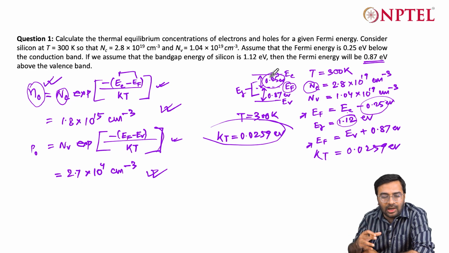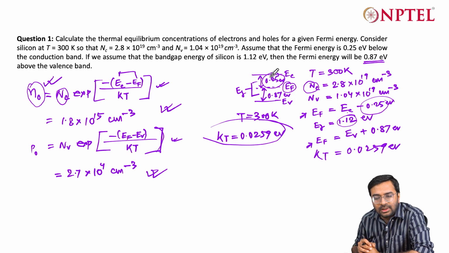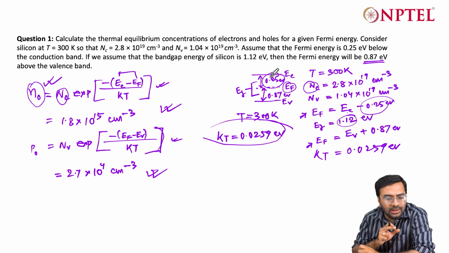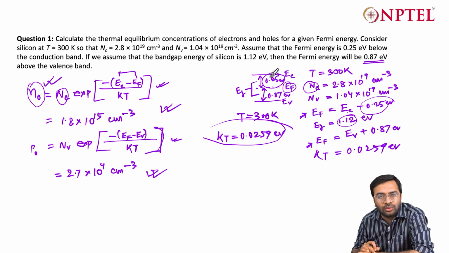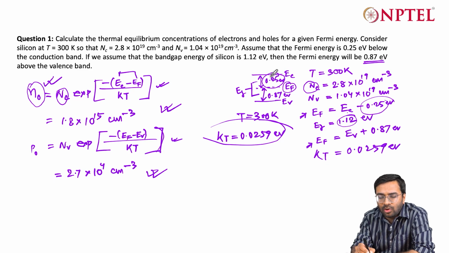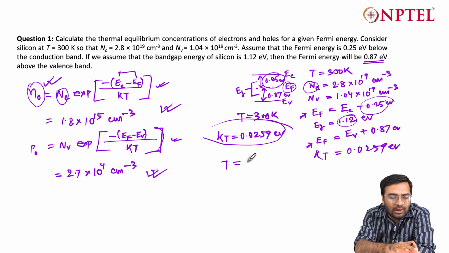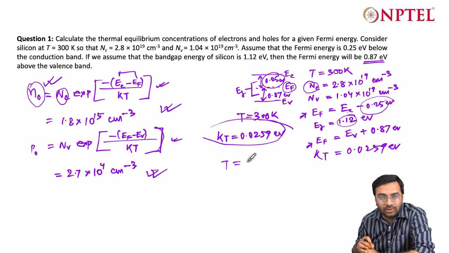For example, once you have all these details, if one asks you what could be the value of N0 and P0 if your temperature is increased by say 50 degrees centigrade, then you need to calculate the value of T in Kelvin, and at that particular temperature you have to calculate the value of N0 and P0.